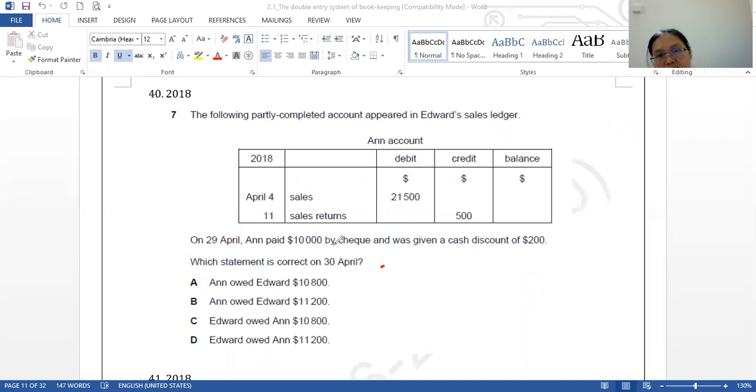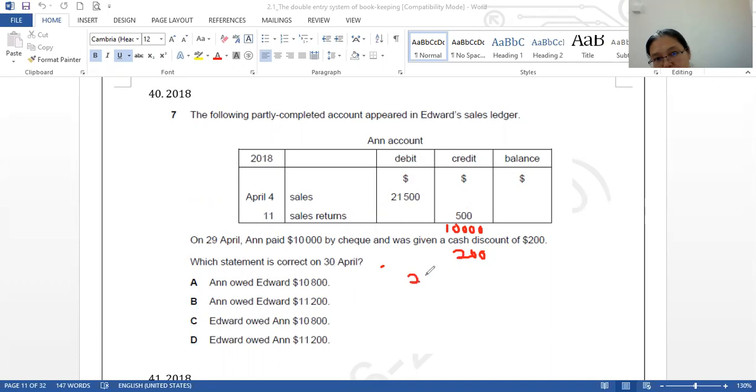This 10,000 check will be put in here, and this discount will be the discount allowed, 200.